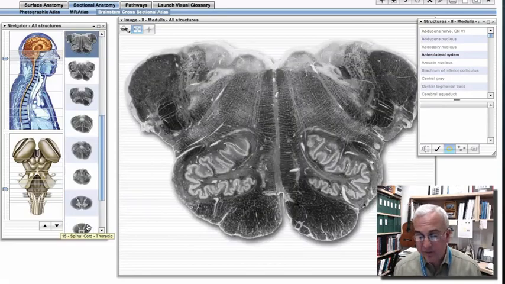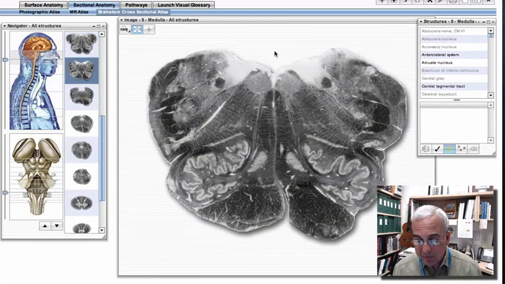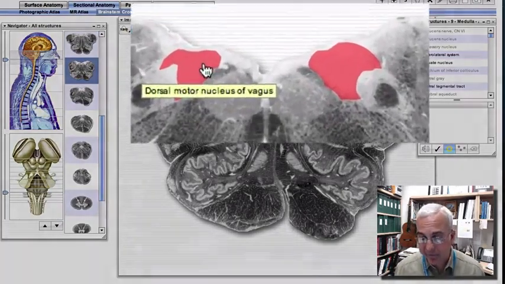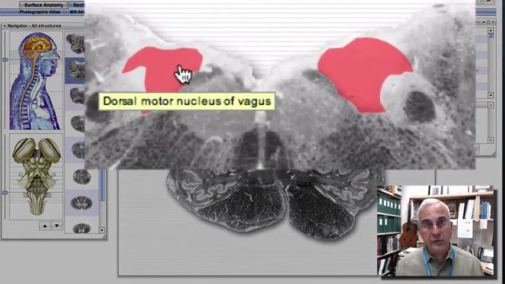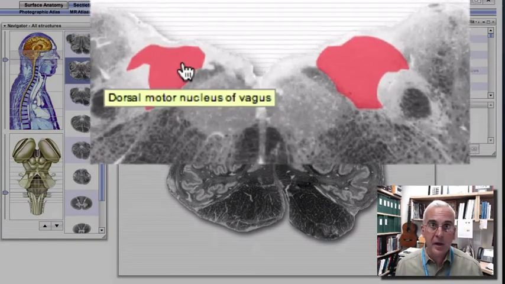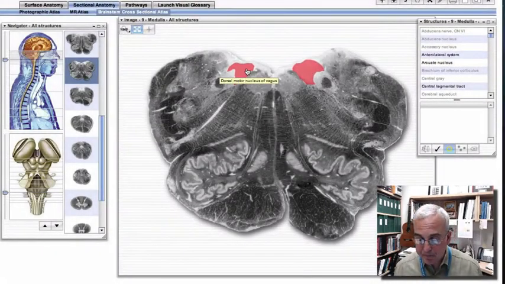However, if we go into the upper part of the medulla, maybe just go down one more section, I certainly can highlight the location of the dorsal motor nucleus of vagus. So this is a major parasympathetic preganglionic outflow that supplies much of the innervation of the vagus nerve throughout the viscera of the thorax and the abdomen.